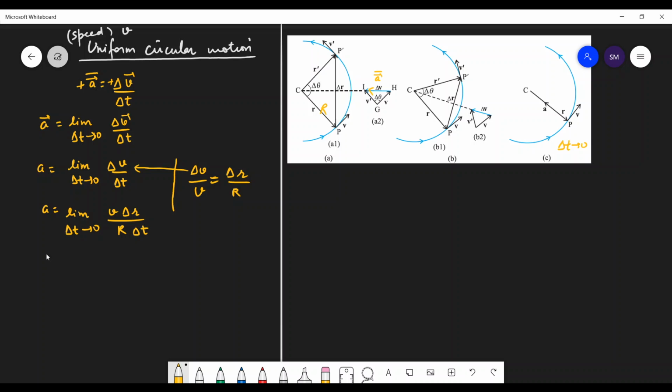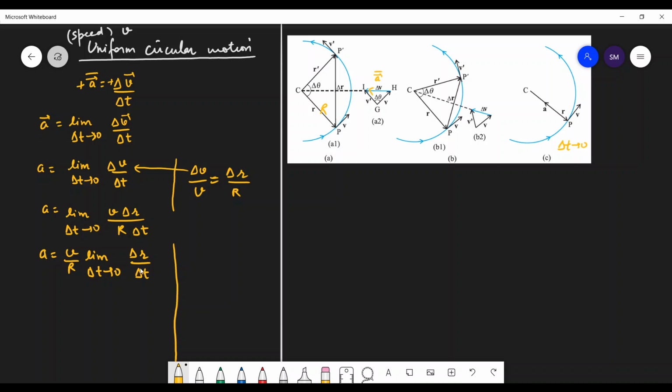So this is the magnitude of the acceleration. Now as V by R are constant, taking them outside, this is V by R and limit delta T tends to 0, delta R by delta T.